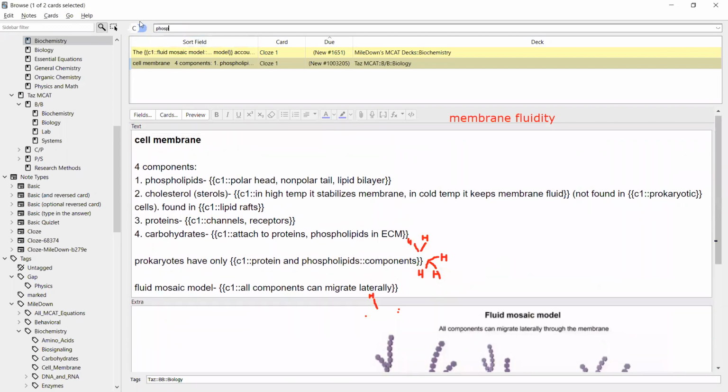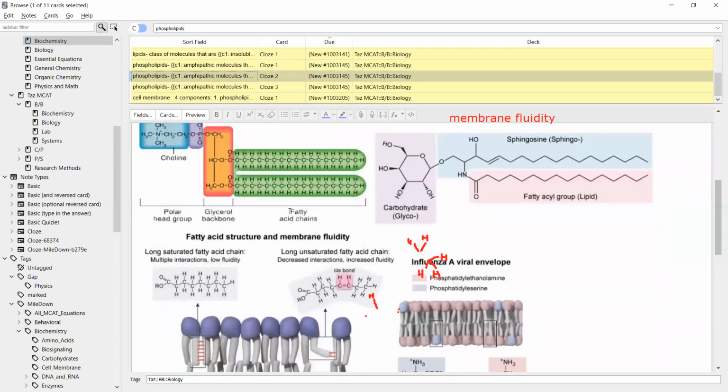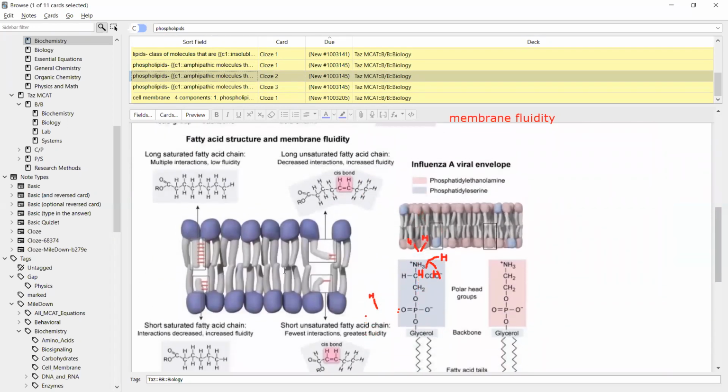Let's go back to phospholipids. If the temperature of a membrane or the environment increases, do molecules have more energy or less energy, right? This is a link to physics. This is a link to understanding why this happens, not just that it happens.